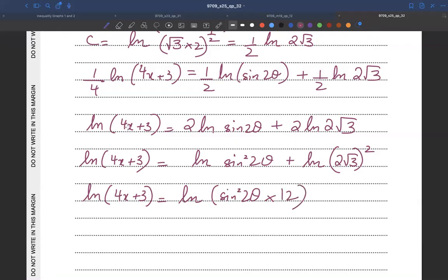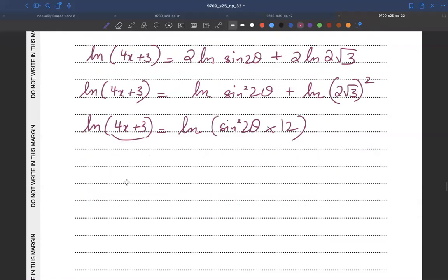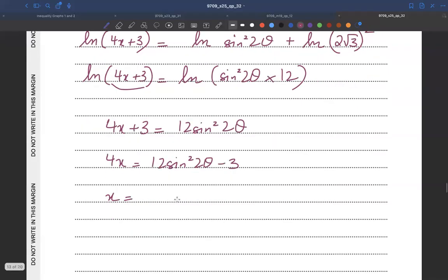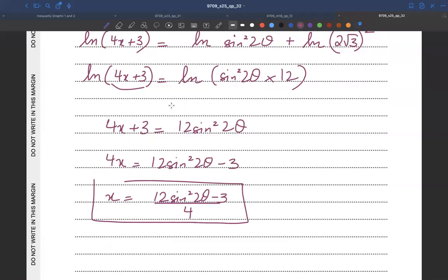So finally we can write 4x plus 3 equals 12 sine square 2 theta, and then 4x equals 12 sine square 2 theta minus 3. And finally x is the subject over here, and that will be x equals 12 sine square 2 theta minus 3 divided by 4. And that would be our final answer.